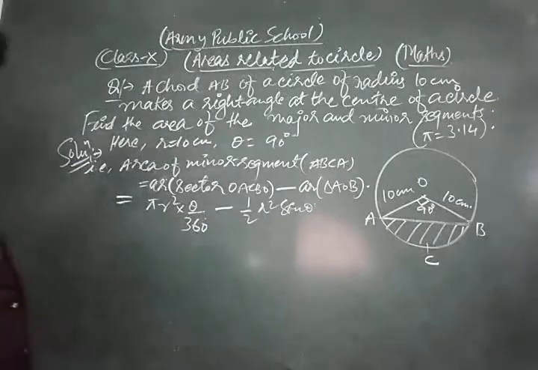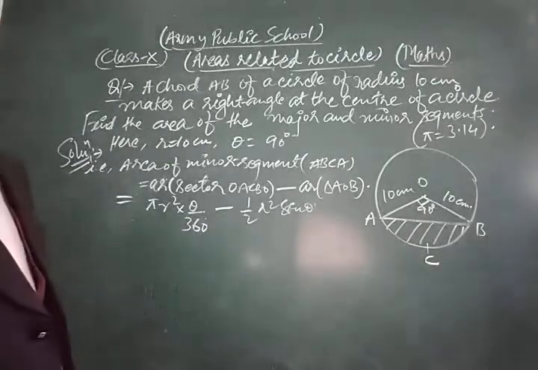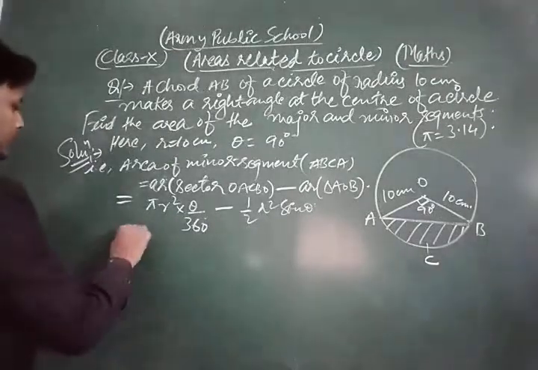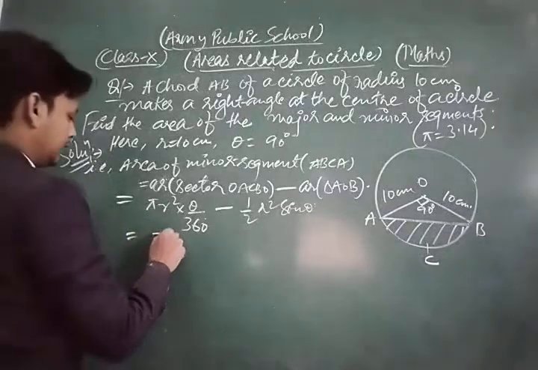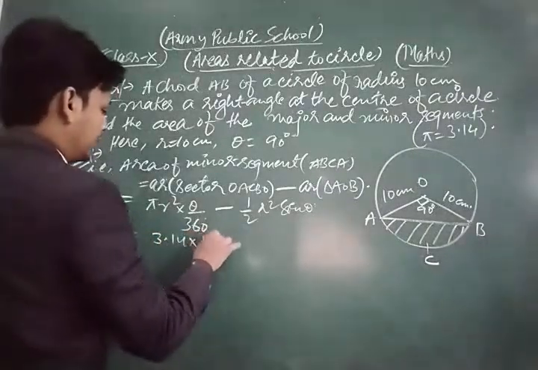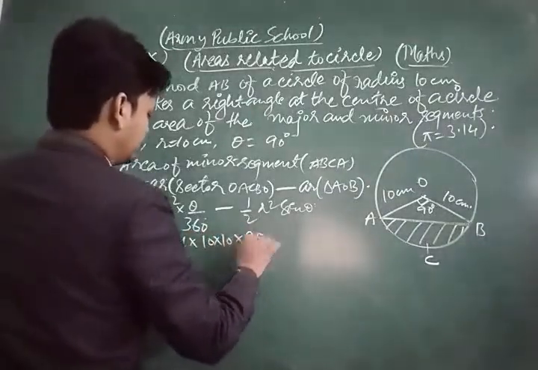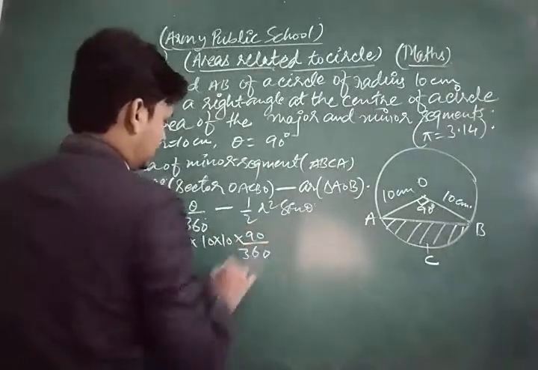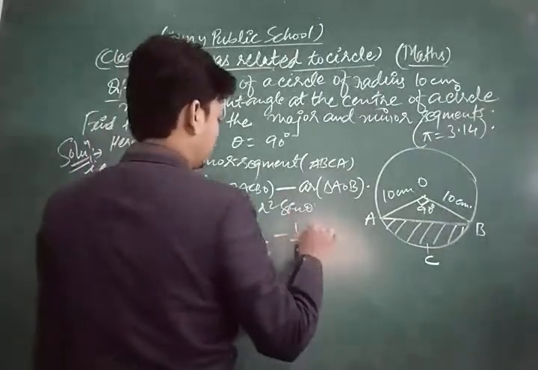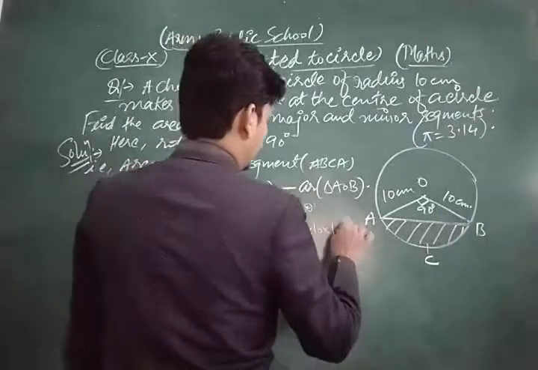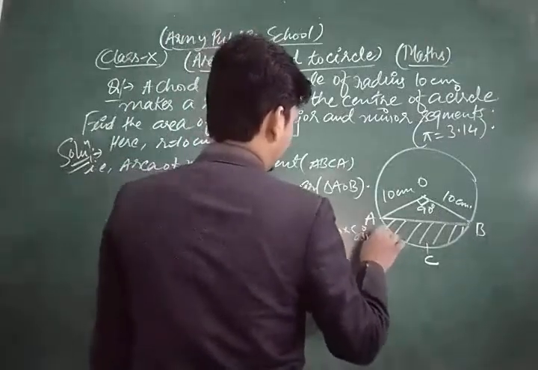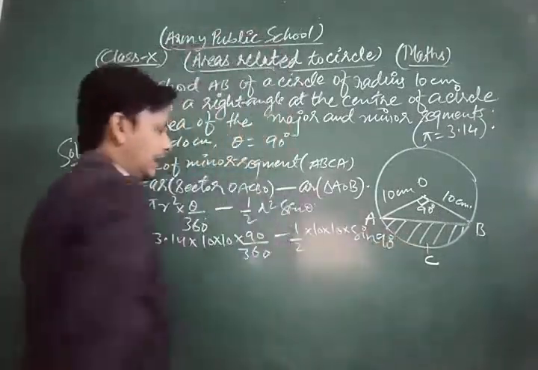Now we simplify them. Look, this is 3.14, this is 10 into 10, theta is 90 upon 360, minus 1 upon 2, 10 into 10 into sin 90 degrees.